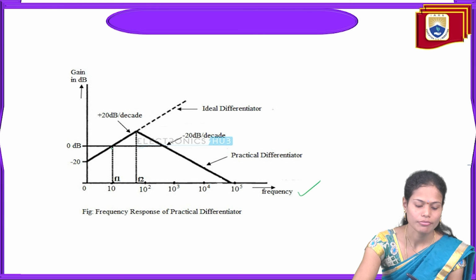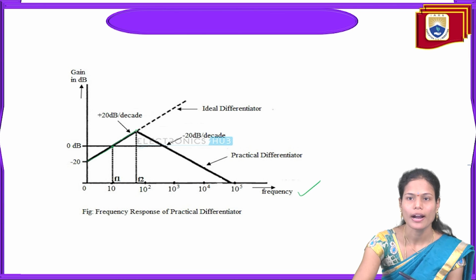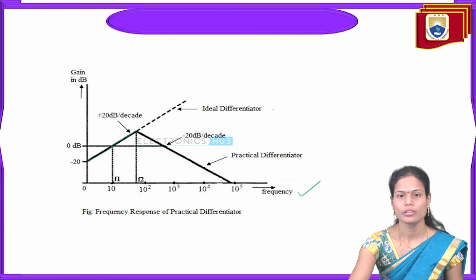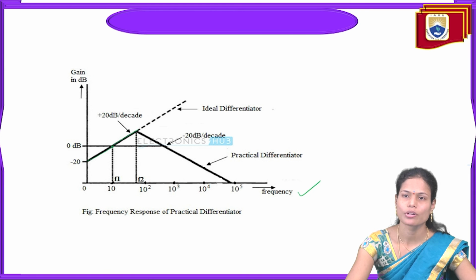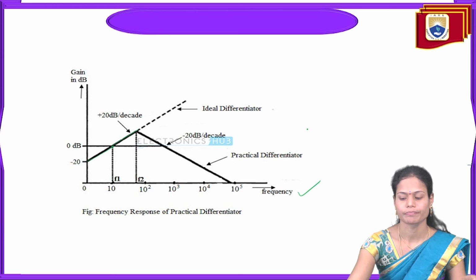Till F1 it is actually 0 dB, and at the first corner frequency it is reaching 0 dB here, and between the first and second corner frequencies it increases at plus 20 dB per decade, and after the second corner frequency it is decreasing at minus 20 dB per decade. In this session, all the circuits as well as waveforms I have taken from the electronics hub.